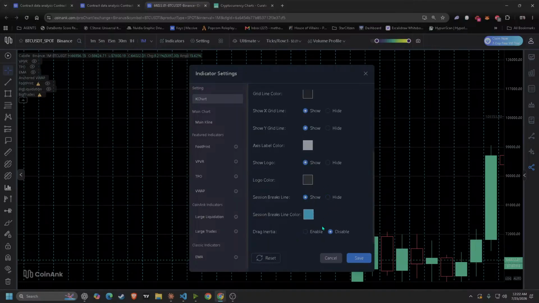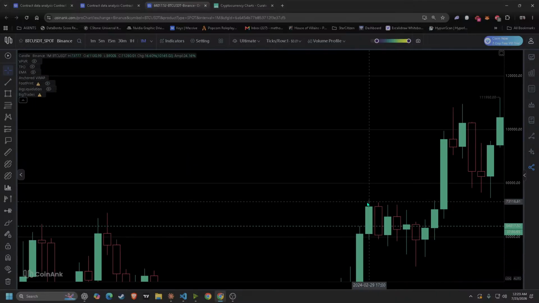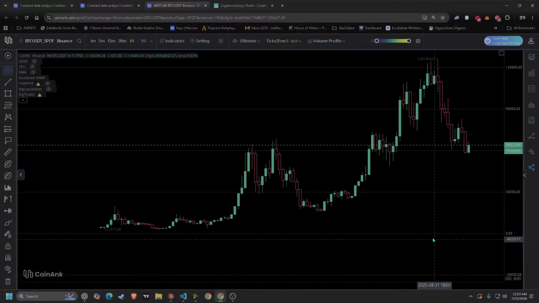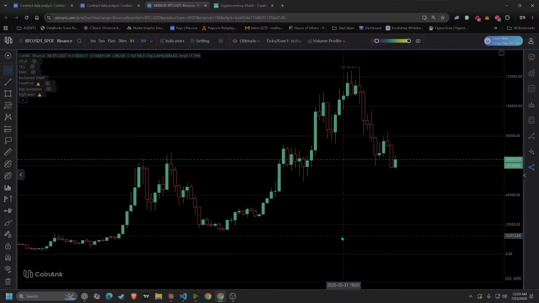So it's not grid lines. What am I looking at here? Session break lines. That's what we want to hide. Okay, beautiful. Much more. So this is a month. These are monthly candles.